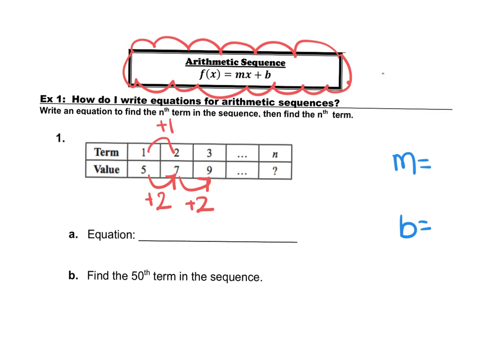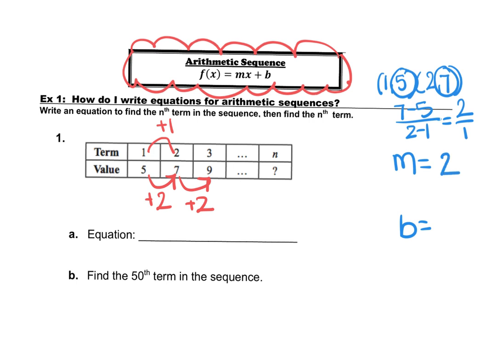I could pick the 1 and the 5, and a 2 and a 7, and take y2 minus y1, 7 minus 5, all over 2 minus 1, and we have 2 over 1. It's the same thing as our common difference, so our slope is 2.